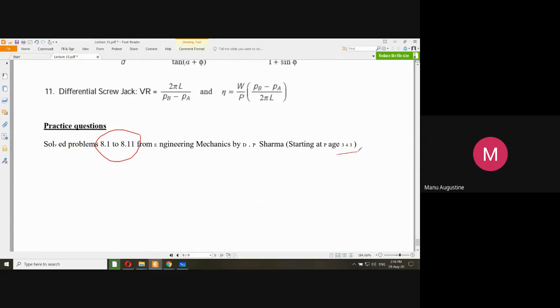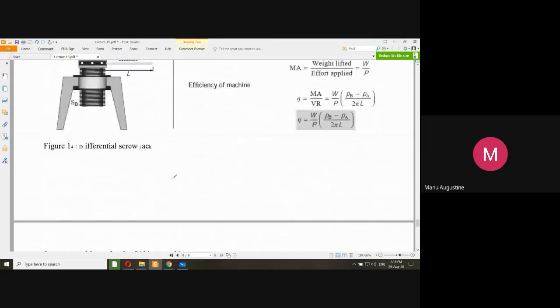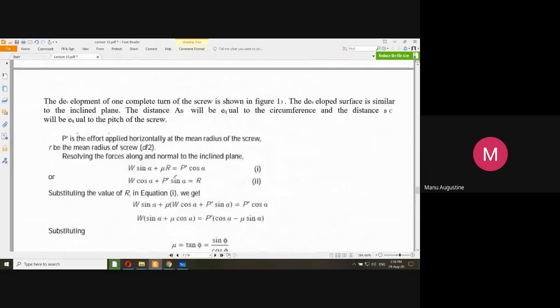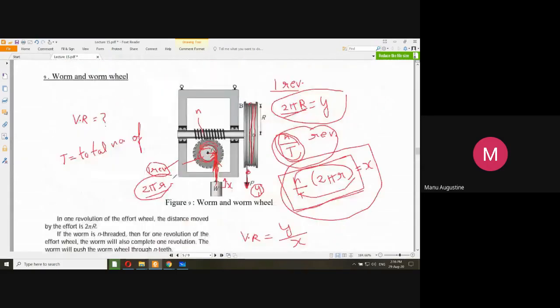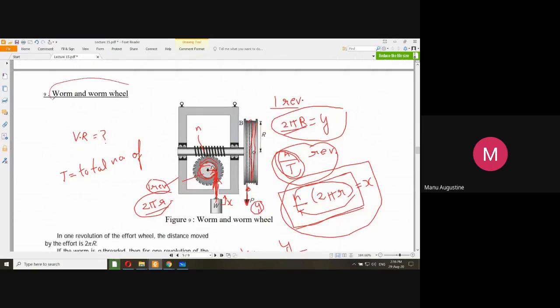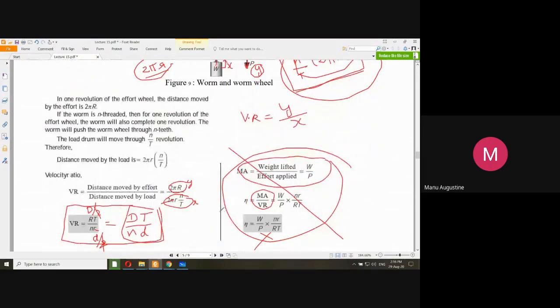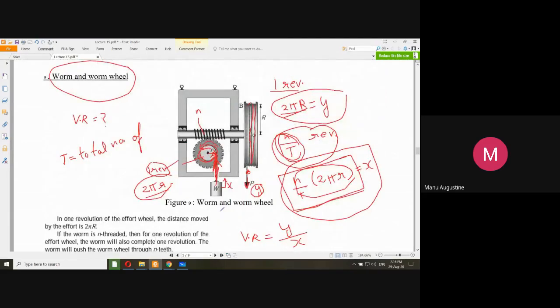Go to page 343, one by one browse through all the examples and find out which problem or which problems, it may be more than one, I am not very sure, अभी मेरे को याद नहीं है, are related with the worm and worm wheel, और इसके फॉर्मूले अप्लाई करने की कोशिश करो और अपने आप सॉल्व करने की कोशिश करो. The numericals that will come from this lifting machines are very simple.